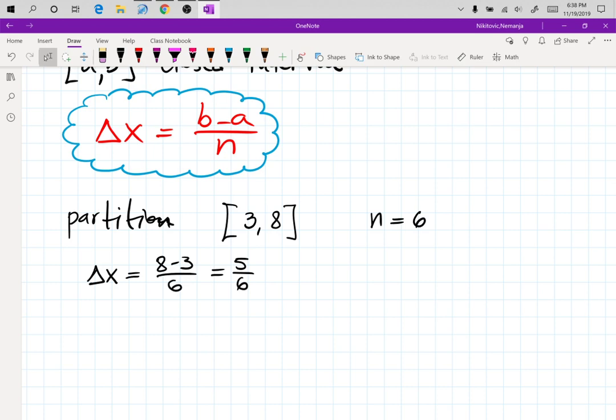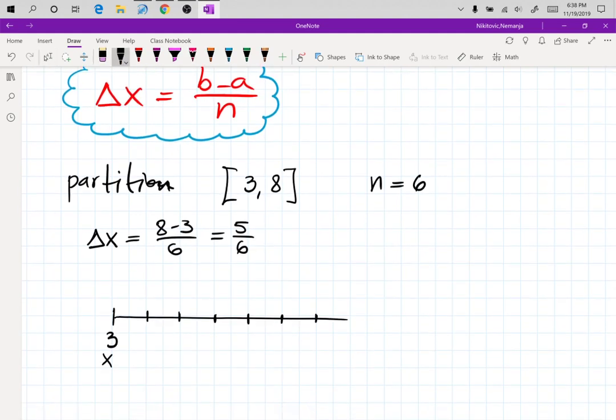You don't have to draw the whole thing. You can just draw the number line, which starts at 3, and since you're going to have 6 rectangles, you just make these divisions, and then you will start adding in fractions. So this is your x0. Your x1 is you add 5/6 to 3. Now, 3 is equal to 18/6, right? Because 18 divided by 6 is 3. And that's your 18/6 on the first one.